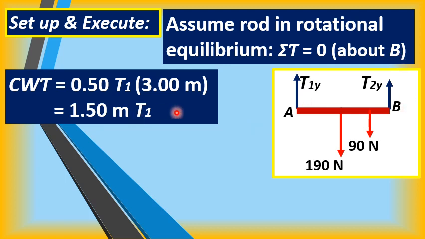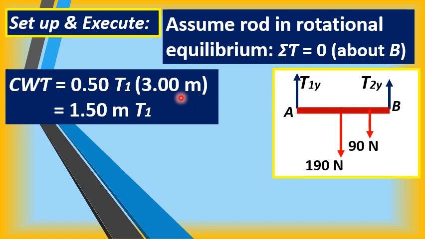So, how do we express the torque due to T sub 1y? It is simply the product of the magnitude of the force T sub 1y, already expressed as 0.50 T sub 1, multiplied by 3.00 meters. What is 3.00 meters? That is the corresponding lever arm of T sub 1y.